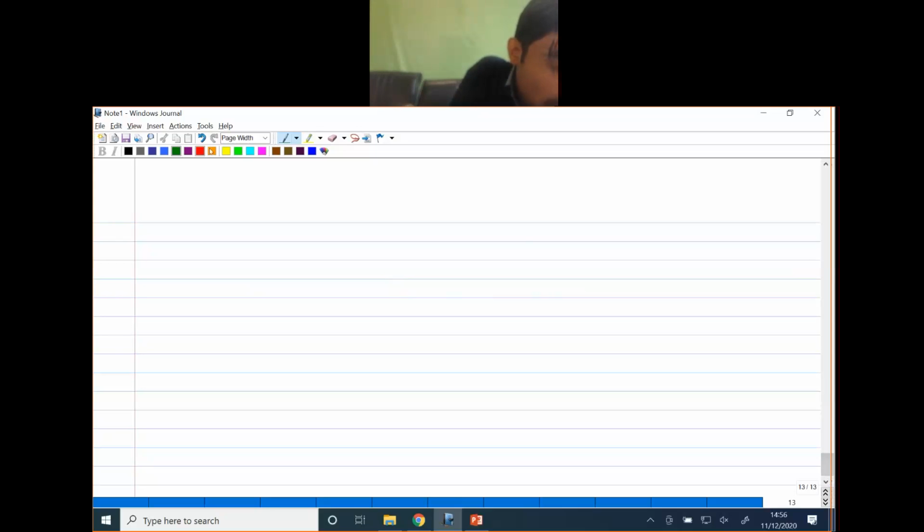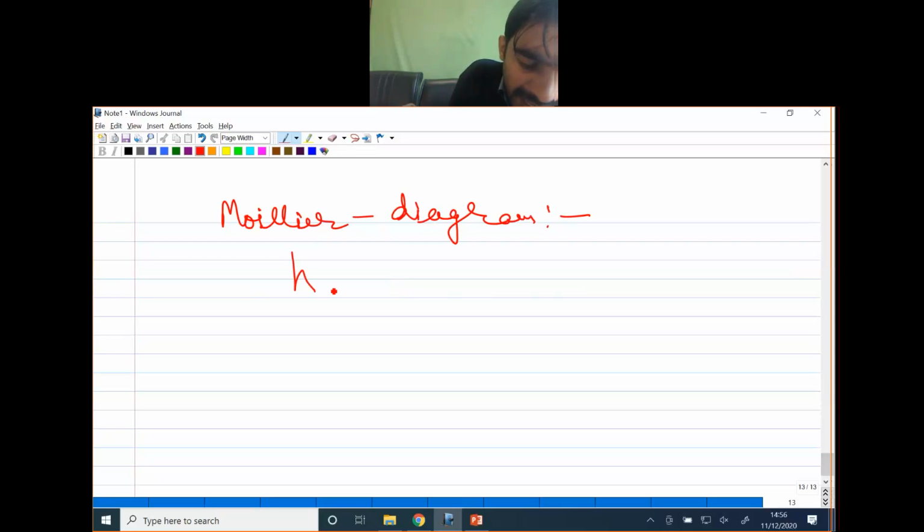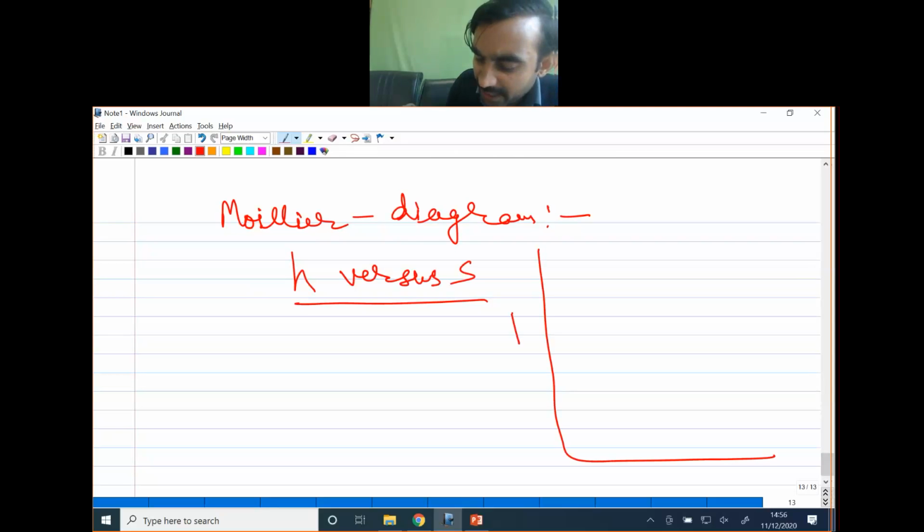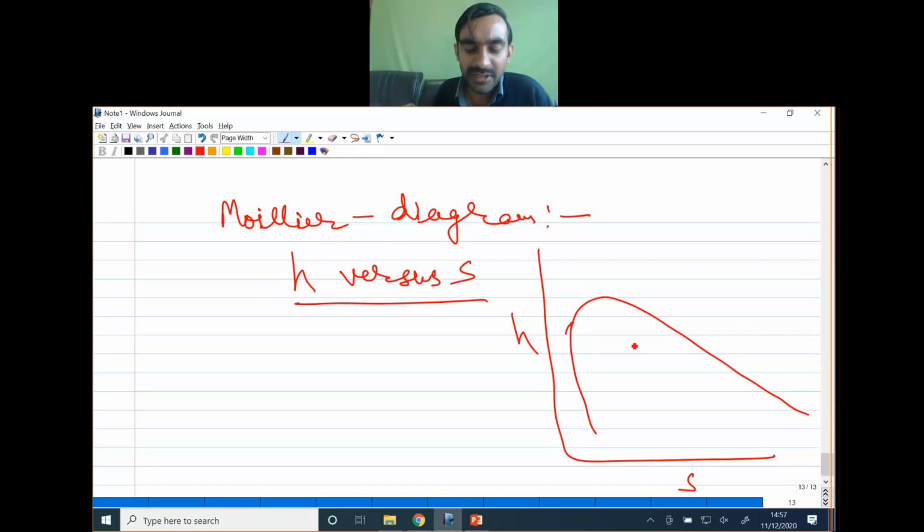Okay, now one important point I would like to highlight: we have one very general diagram which is referred to as the Mollier diagram. The Mollier diagram is a graph of H versus S. A graph between enthalpy and entropy is referred to as a Mollier diagram, and on it the liquid vapor dome looks something like this.